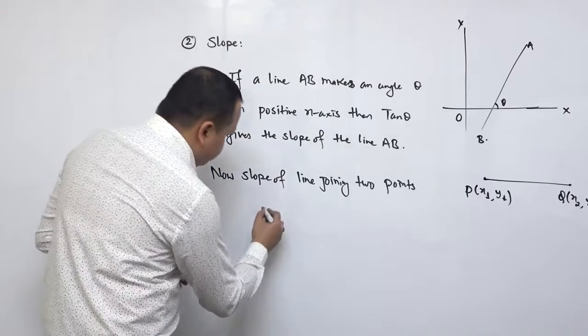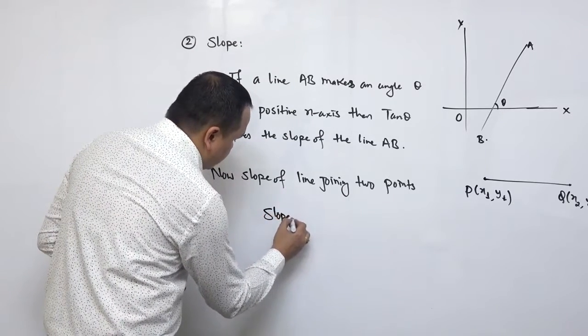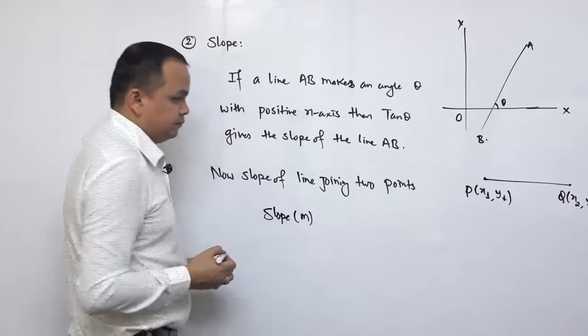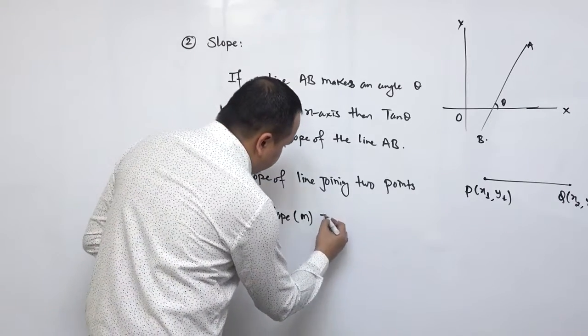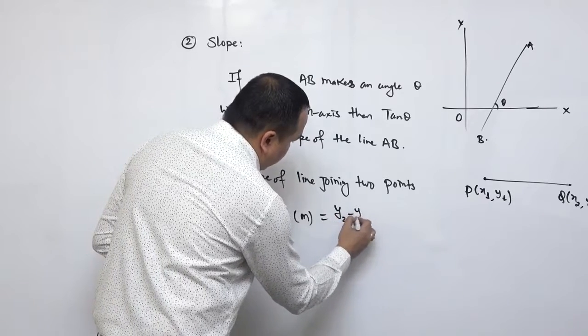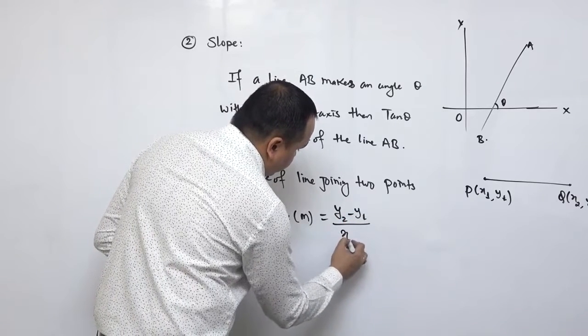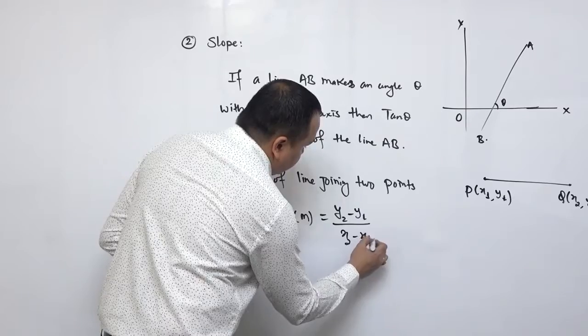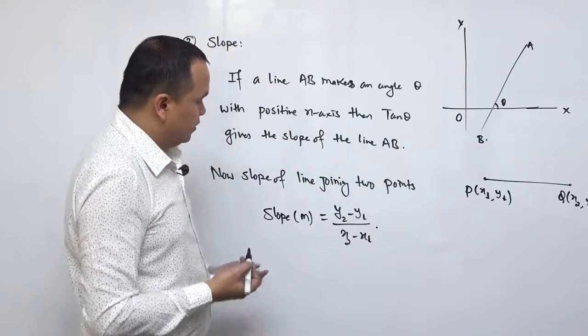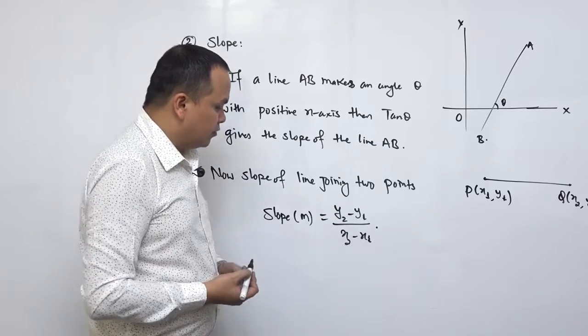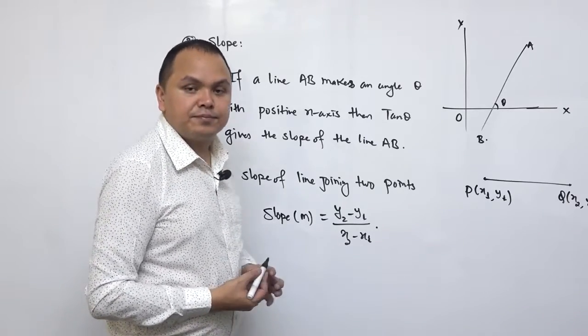The slope is denoted by m. The slope of PQ is y2 minus y1 divided by x2 minus x1. Slope m is equal to (y2 minus y1) upon (x2 minus x1).